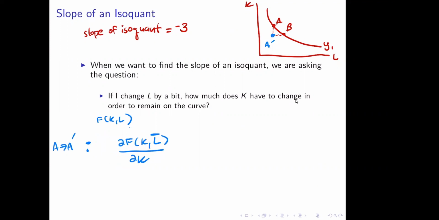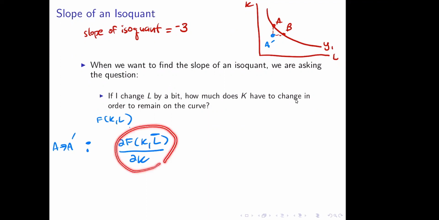From point A to A prime, L is held constant. It's the same L, but K is now reduced. So we are controlling L constant and changing K. With that, this is MPK.